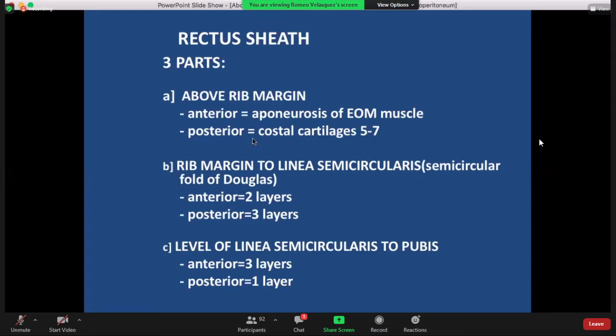The layers will vary depending on the location, as shown in these three parts of the rectus sheath. Those are the number of layers that you will see.